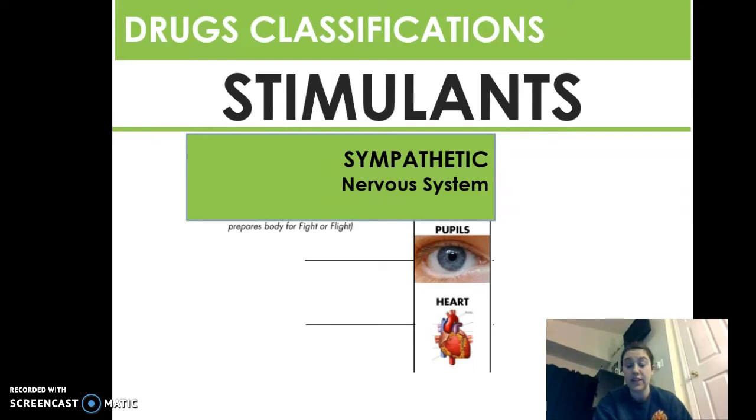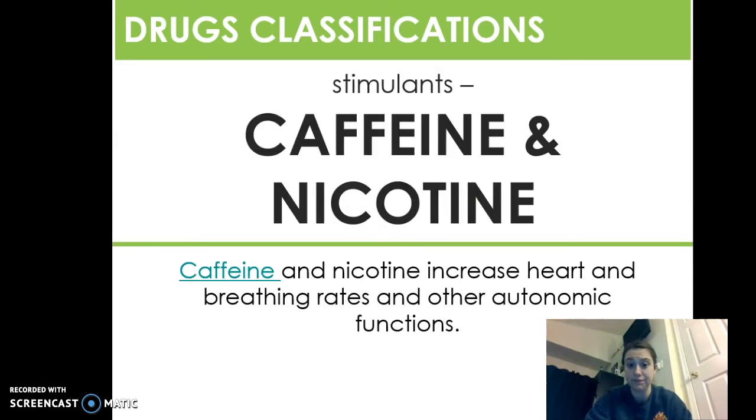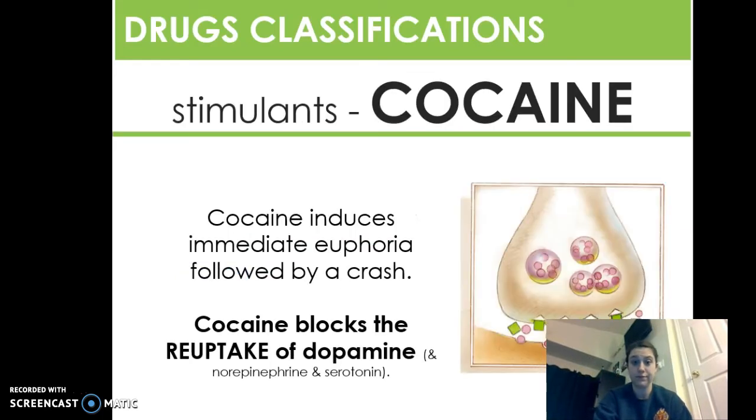A stimulant works on your sympathetic system, your fight or flight. So it's going to dilate your pupils and speed up your heart rate. Caffeine and nicotine both increase heart and breathing rates and other autonomic functions.